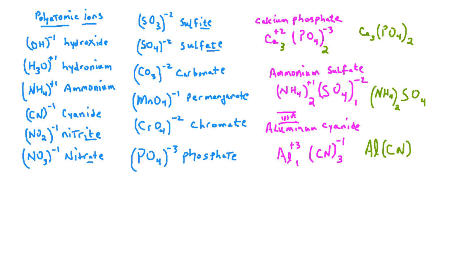Okay, so the rules for the polyatomics are identical to the rules for the monatomic. You just have to match the number of electrons given with the number of electrons taken. So these are polyatomic ions. You should learn these.